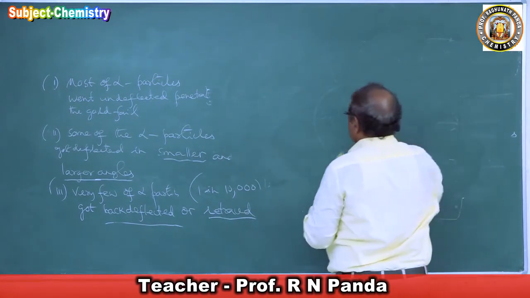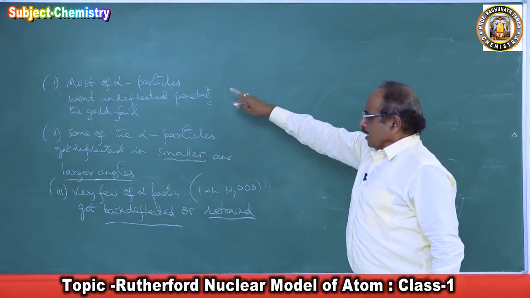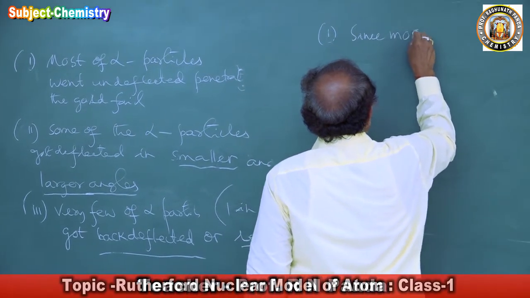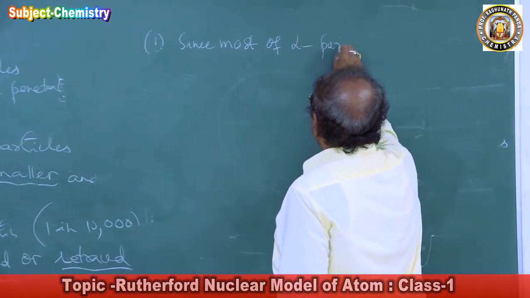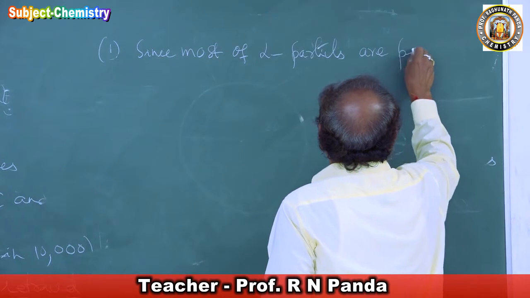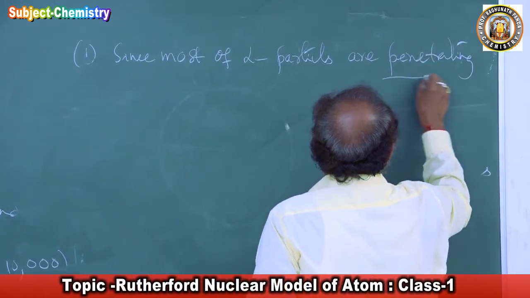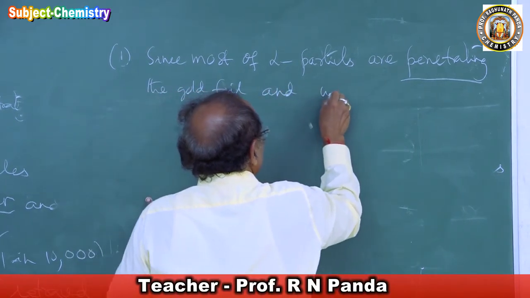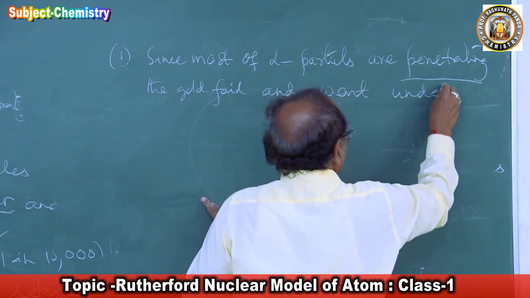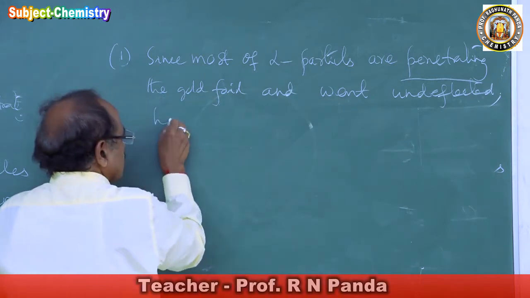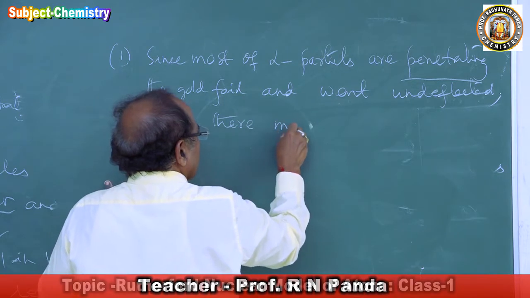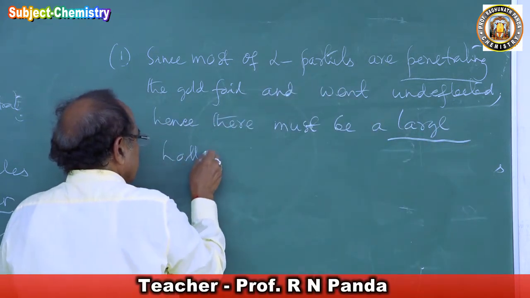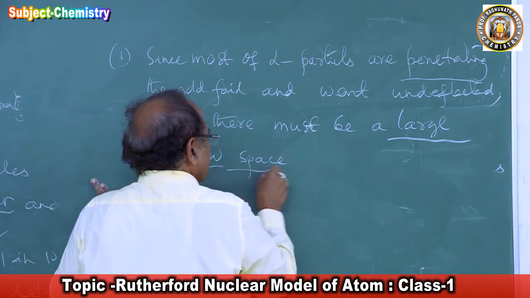First, since most of the alpha particles are penetrating the gold foil and went undeflected, hence there must be a large hollow space inside the atom.